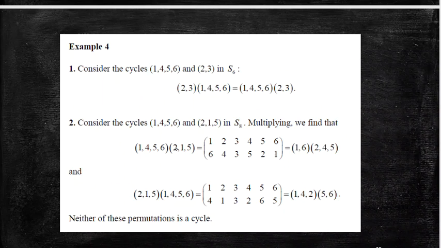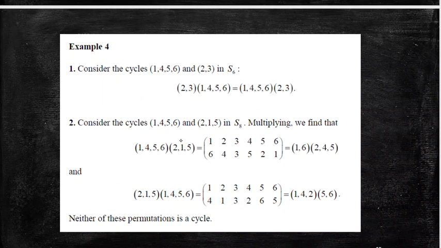For the second cycle, we have 2 to 1, 1 to 4, 4 to 4, and then 4 to 5. 5 to 2, 2 to 2. That means we have 2 to 4, and then 4 to 5. Either way we can write it in this or in this cycle notation.